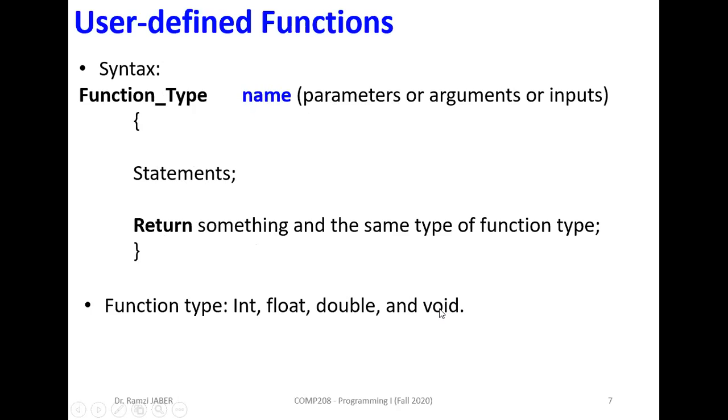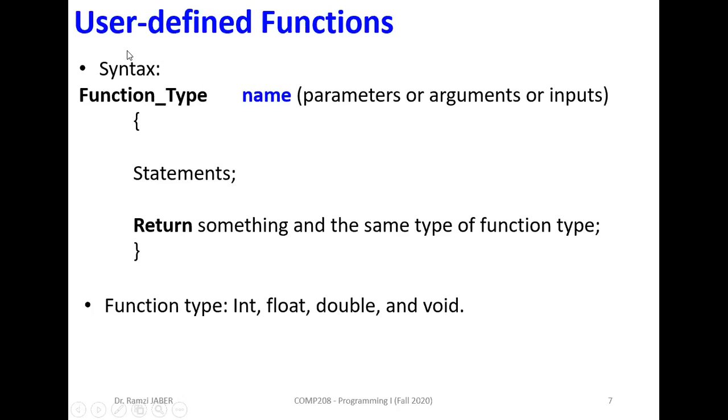Okay, forget about void. Next lecture we will talk about void. Today no, we have void functions later, next lecture. Okay, so int, float, double are the types, or char.